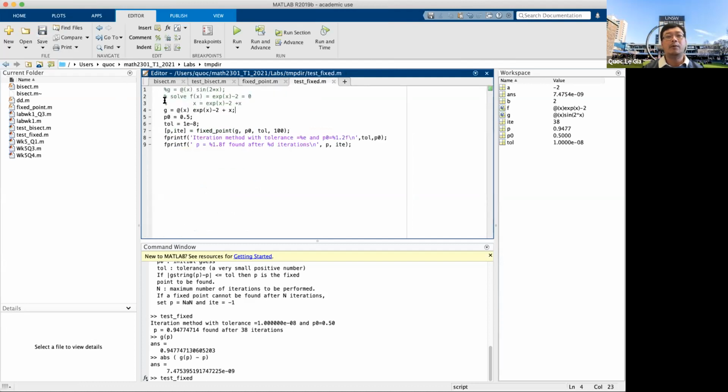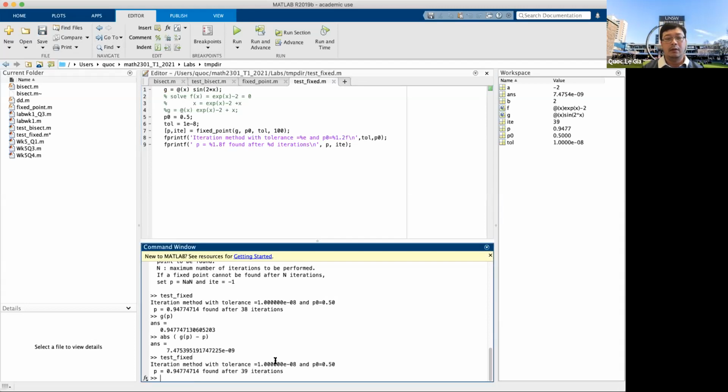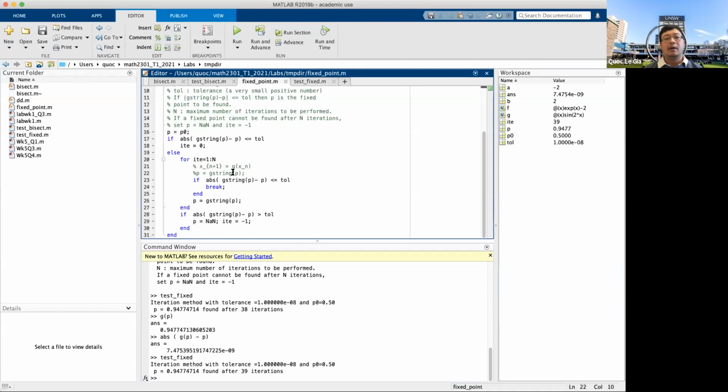Yeah. So now suppose you want to go back to this. Then we run it again. So the number of iterations just increases by 1. I think it's okay because it depends on how you define the iteration, right?